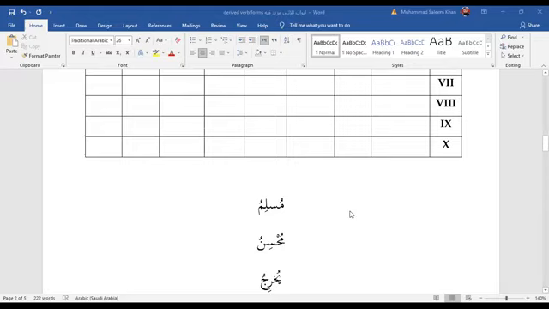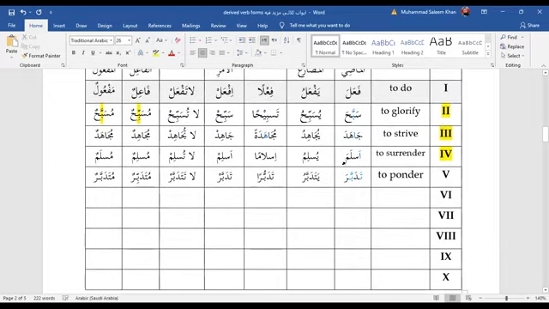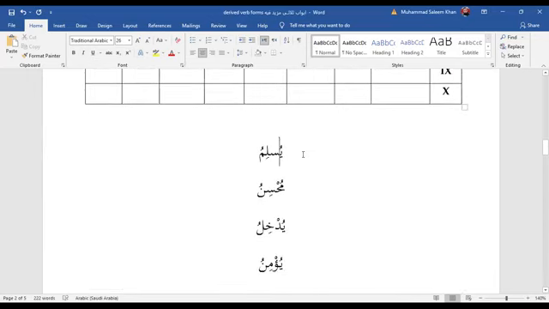So what we basically do, as you can see here, it was yuslimu, as we know, it was mudari, and we know that the mudari of the first three forms of the verb, so the second, the third, and the fourth form of the verb, the mudari starts with yu. The reason why I have highlighted them is because these three forms, number 2, 3, and 4, the mudari comes with yu. Yusabbihu, yujahidu, and yuslimu.